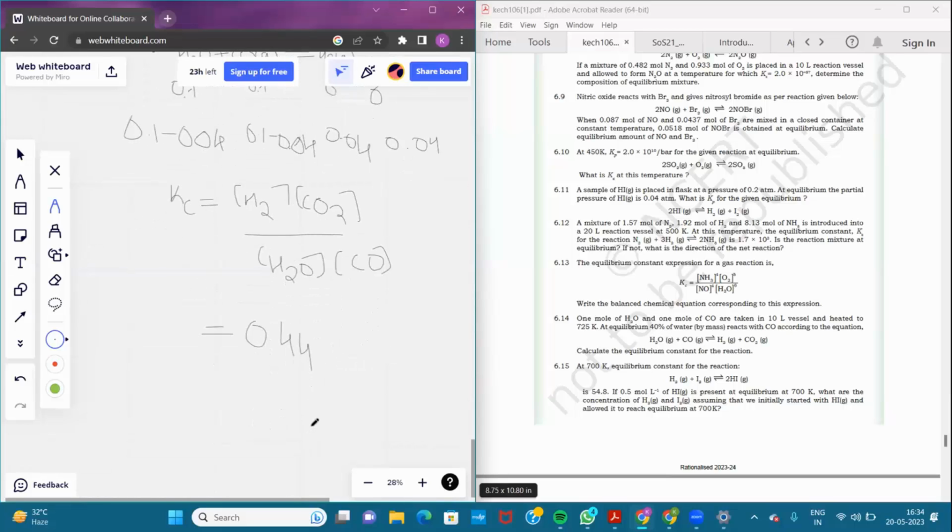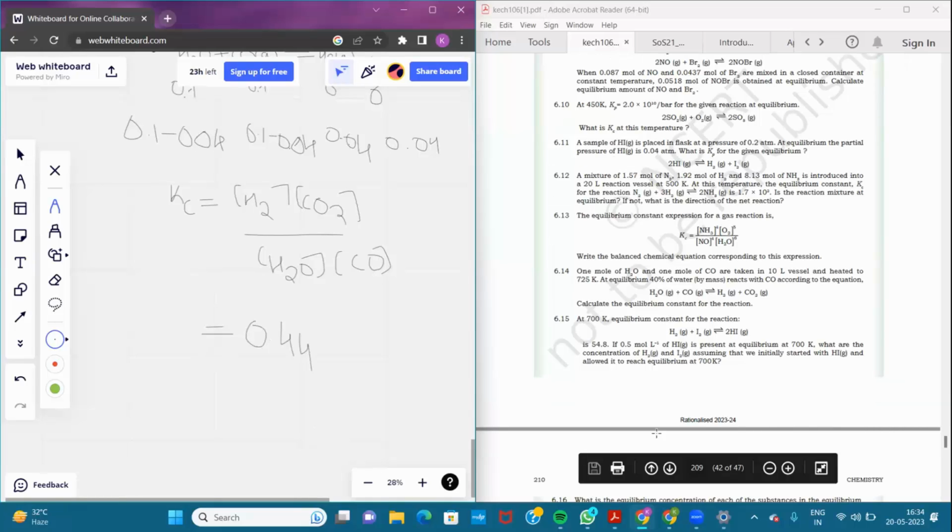15th question. At 700 Kelvin, the equilibrium constant for the reaction is 54.8. If 0.5 moles per liter of HI gas is present at equilibrium, what are the concentrations of H2 and I2 gas? Assuming that we initially started with HI and allowed it to reach equilibrium.